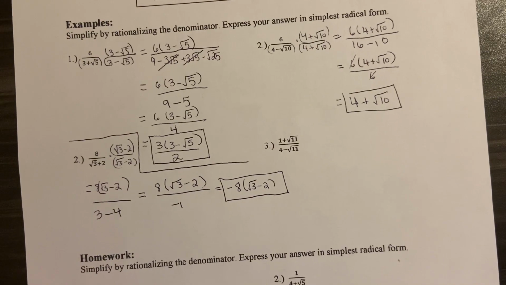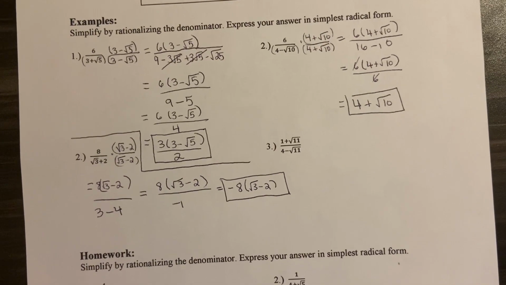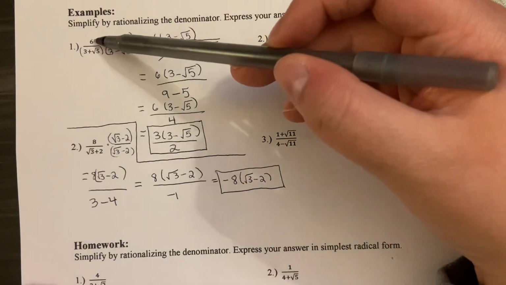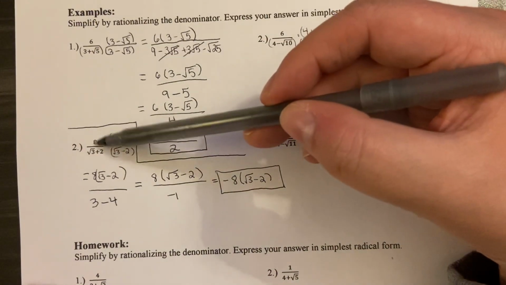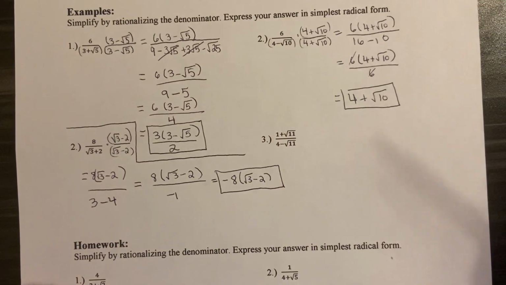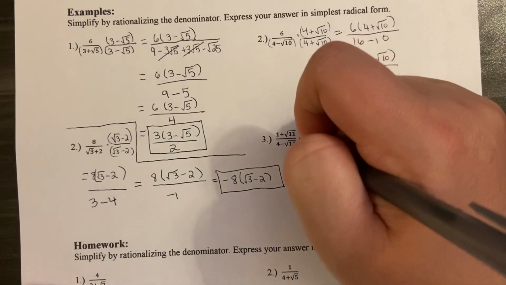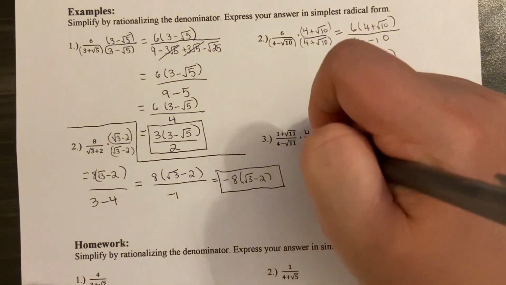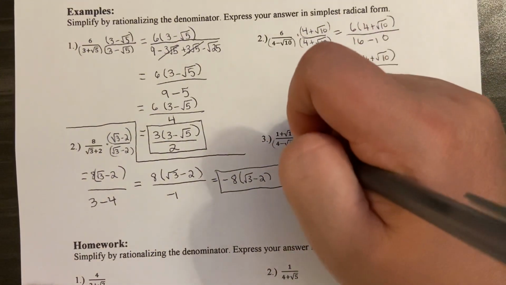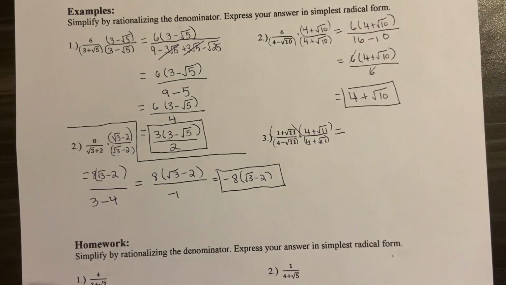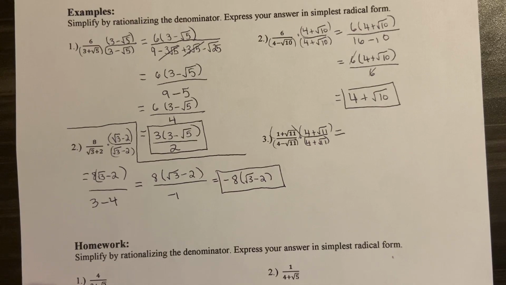Okay, and the last one here is probably the hardest, and I didn't put that many on the homework. If you notice, these ones all had just a single number on the top, so it made the simplifying kind of easy. This one's got 2 terms, so I'm going to multiply still by 4 plus radical 11. I'm going to parenthesize everything. And the top now, I actually have to FOIL.